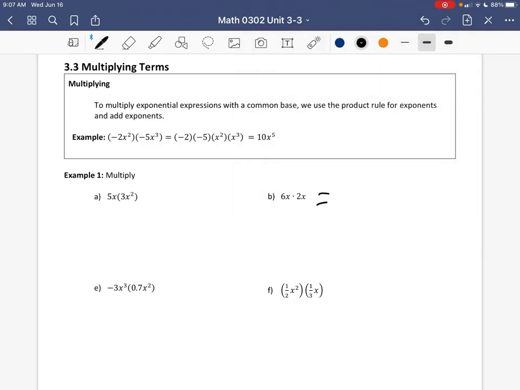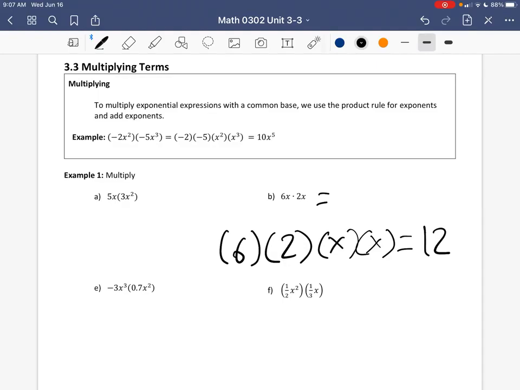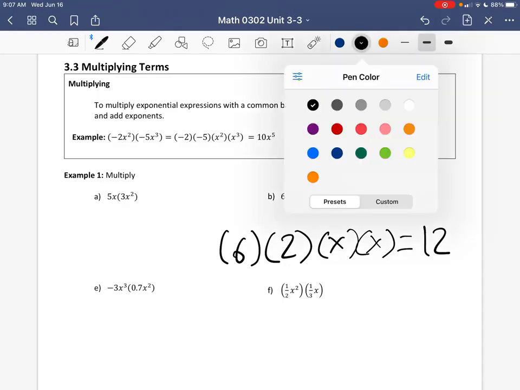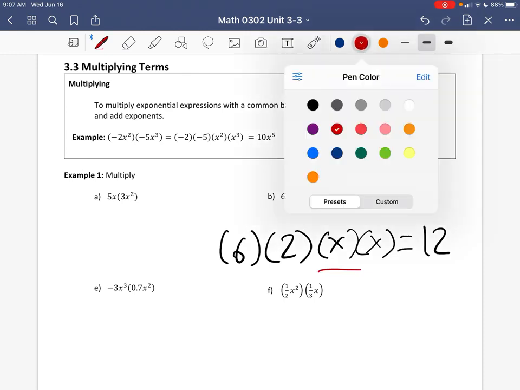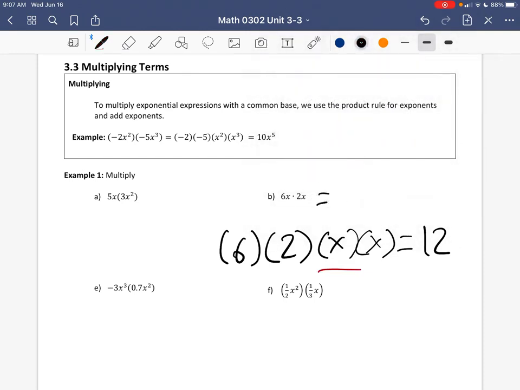So I'm just going to go ahead and separate all the terms as individuals, and surround them by parentheses. First thing we'll do is multiply the coefficients. So 6 times 2 is 12. And then the last thing to do will be to multiply these two terms together. So maybe off to the side somewhere or down below.